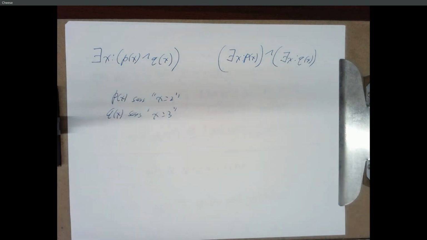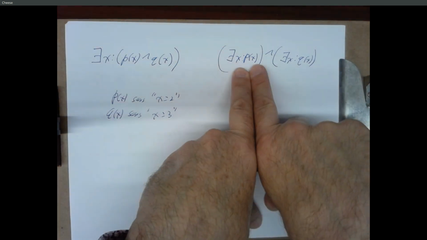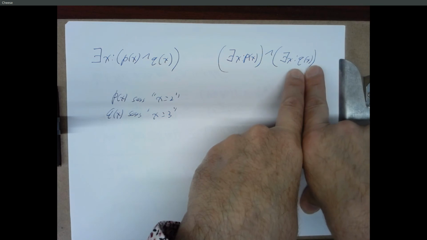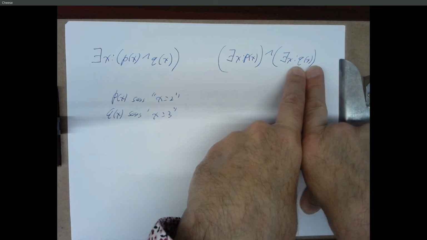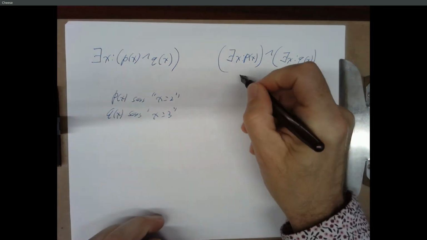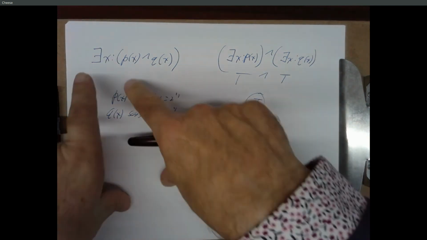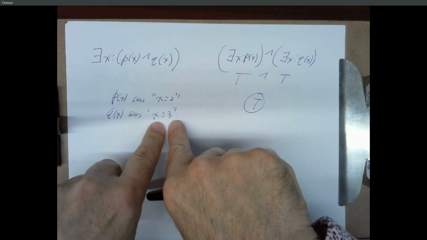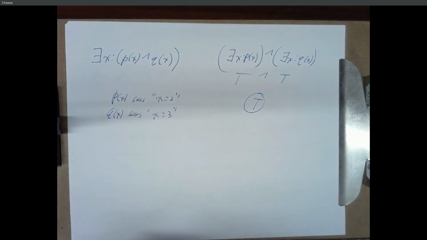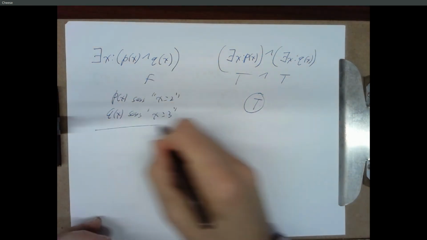Does there exist an X such that P of X is true? Yes, 2. Does there exist an X such that Q of X is true? Yes, 3. So this right side is true. Does there exist an X such that X equals 2 and X equals 3? No, so that's false. Perfect counterexample.